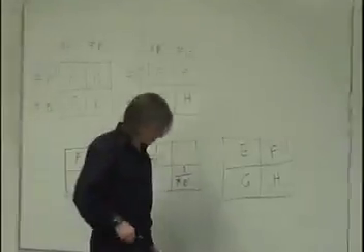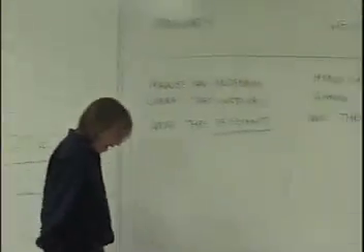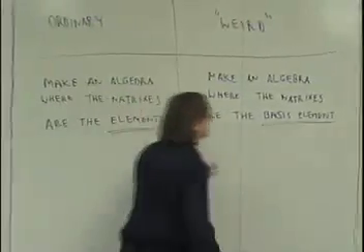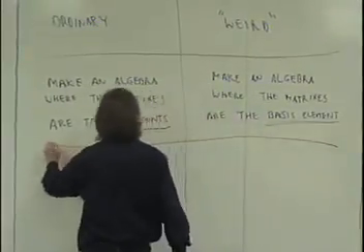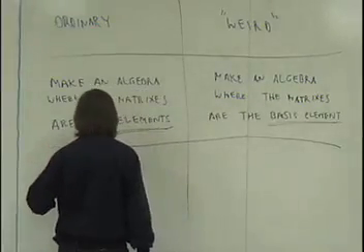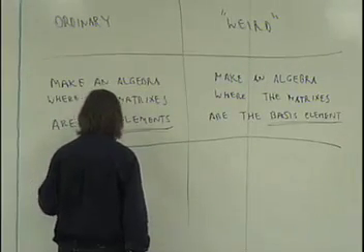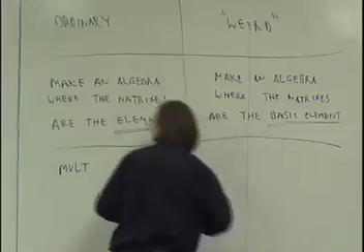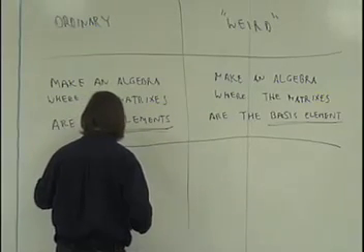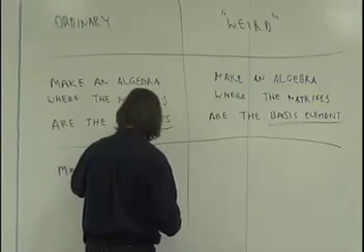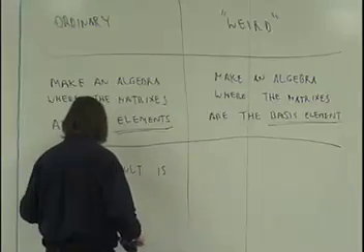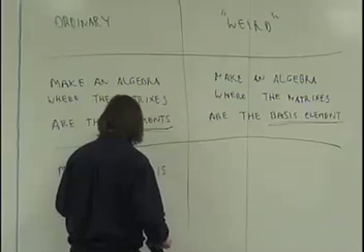Let's see. I don't think that's right. That's sort of the second thing that's weird, but it really goes along with this: multiplication in the ordinary situation, matrix multiplication, is just a well-defined operation.